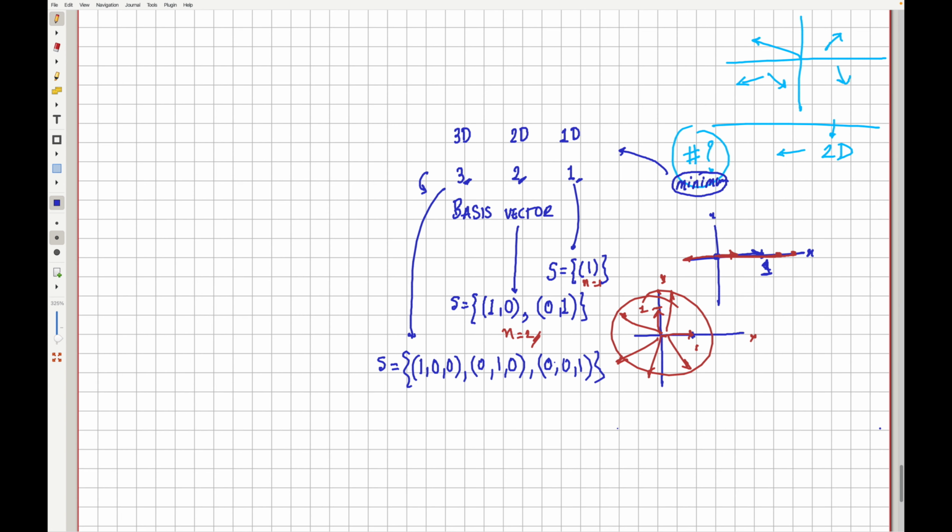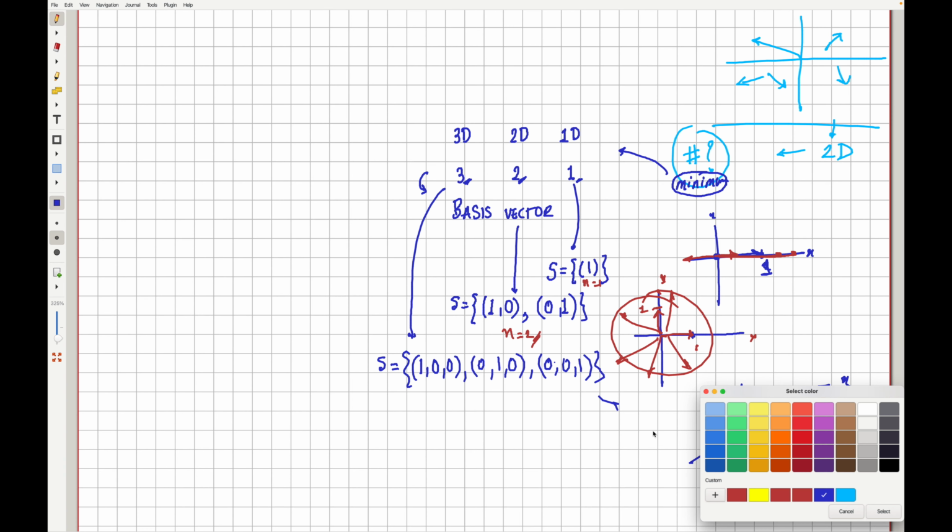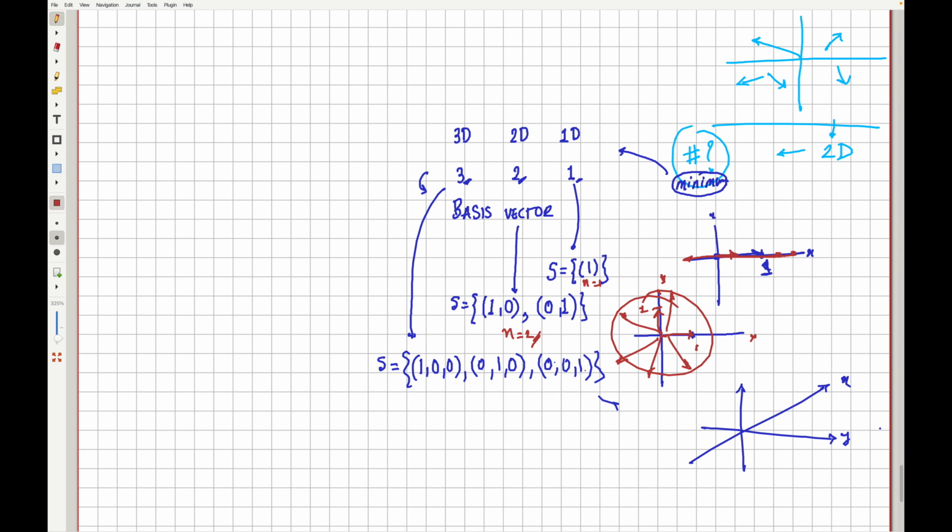That suggests that in a 3D space with x, y, and z, these vectors can be combined to technically reach any point in the 3D space.